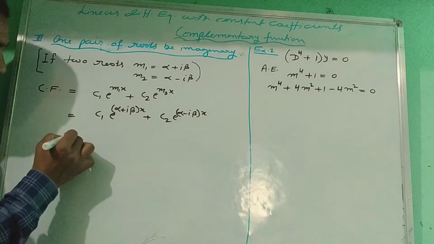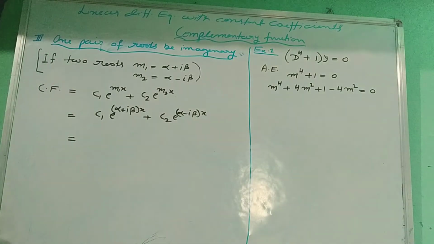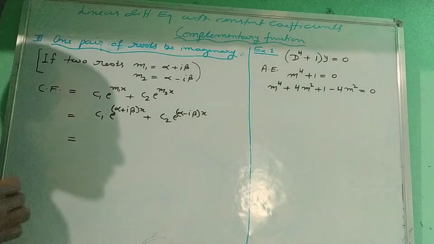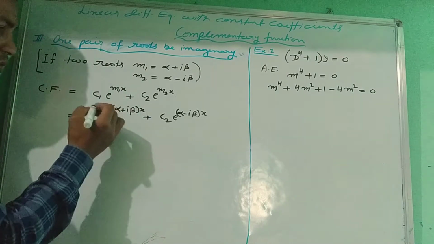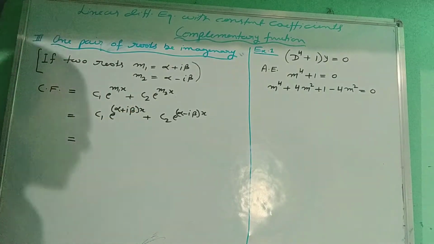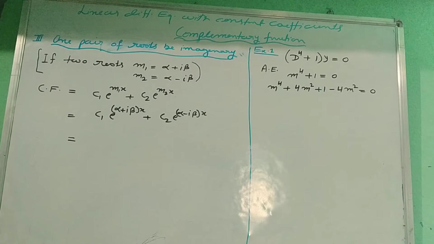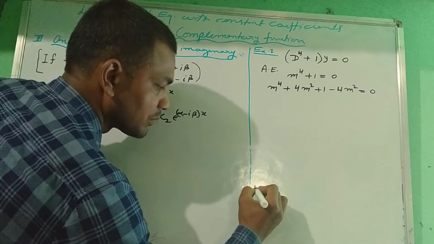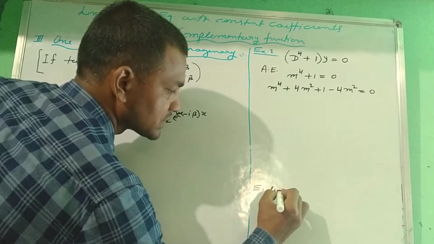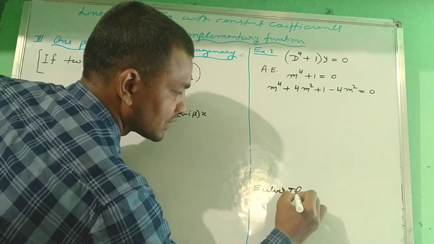Now we can easily solve e to the power iota beta using Euler's theorem.